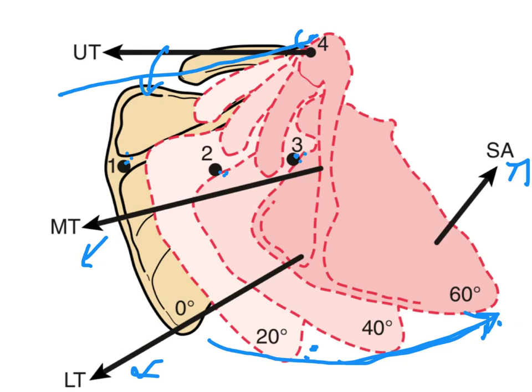So this axis causes the remaining 30 degrees of upward rotation. Here the acromioclavicular joint undergoes a maximum of 20 degrees of tipping and 40 degrees of winging, which is double that of phase 1.